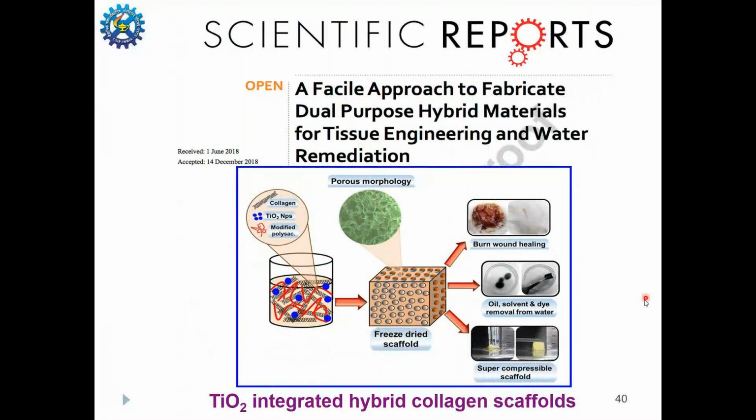And this is the final example I would like to show, wherein we fabricated a dual purpose hybrid material for tissue engineering and water remediation. We take the collagen and interact with the modified polysaccharide along with titanium nanoparticles, and we do freeze drying to make the scaffold, which can be used for different applications.